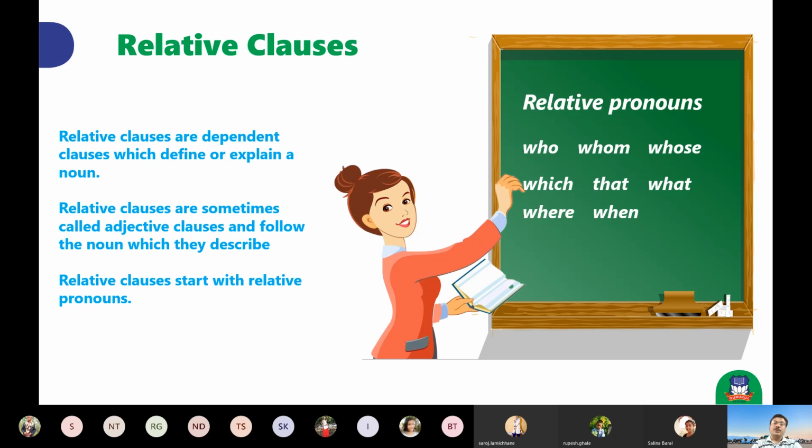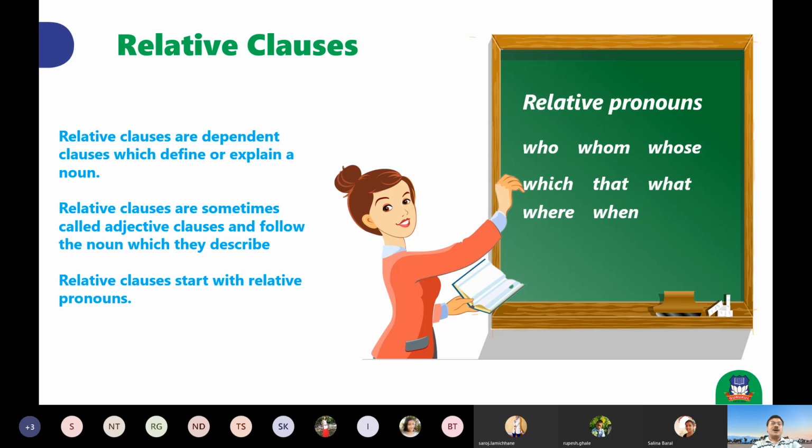You know, an adjective comes with a noun or just before a noun and qualifies or describes the noun. Like that, the clause also does so. So that's why sometimes these are called adjective clauses and they follow the noun which they describe.